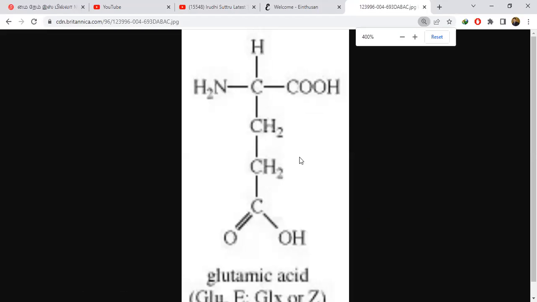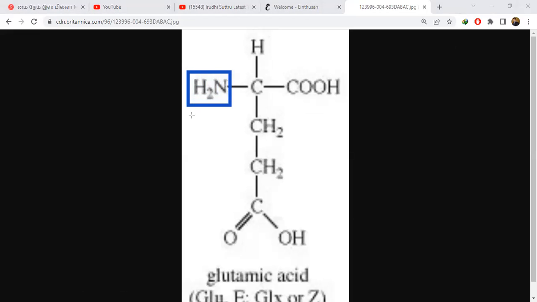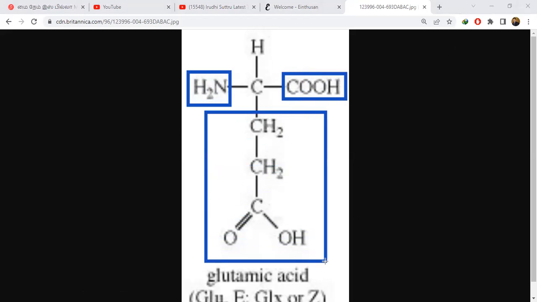Here, what is this group? Amino group. Good. What is this group? Carboxyl group. What is this portion? Side chain.